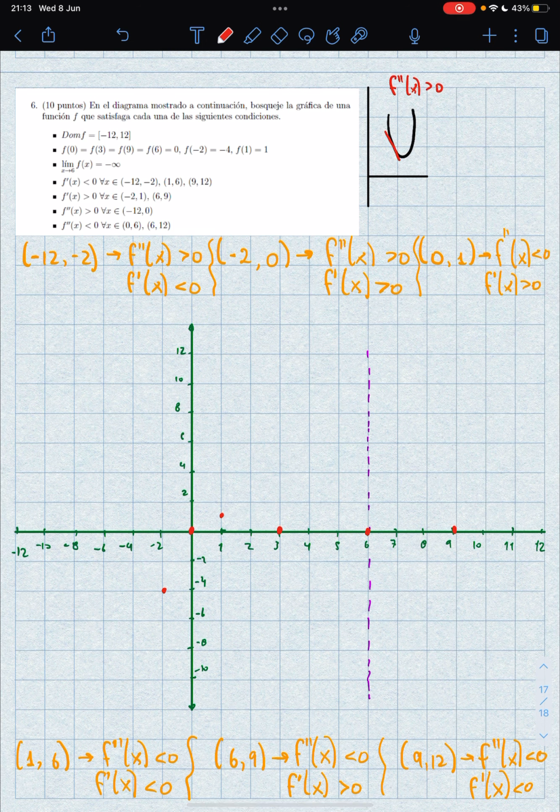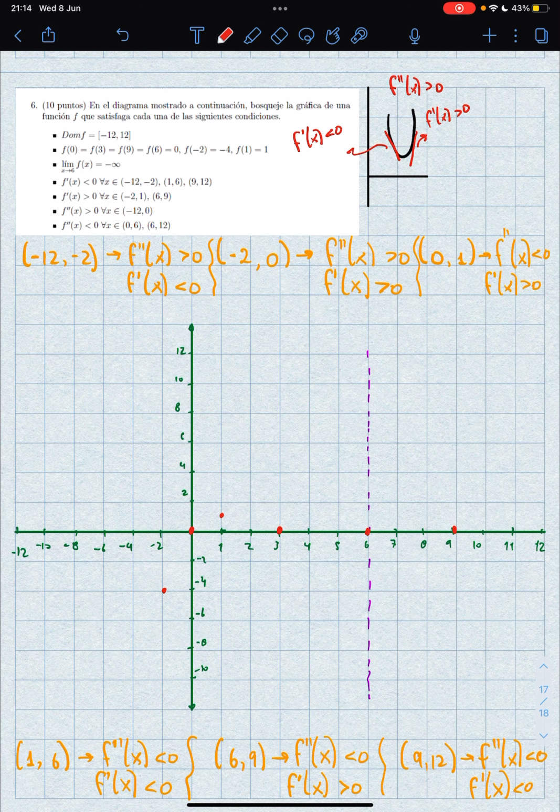If I have this function, or this one, this means f prime of x is what? It's greater than 0, the first derivative. Otherwise, this is gonna be f prime of x less than 0.